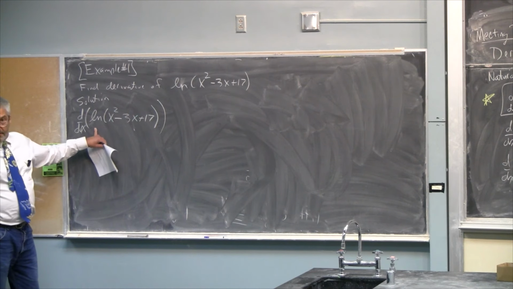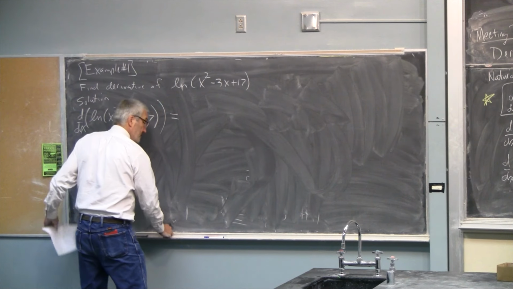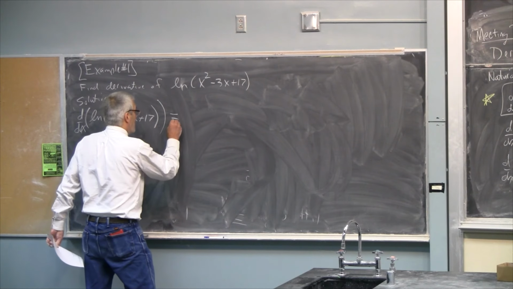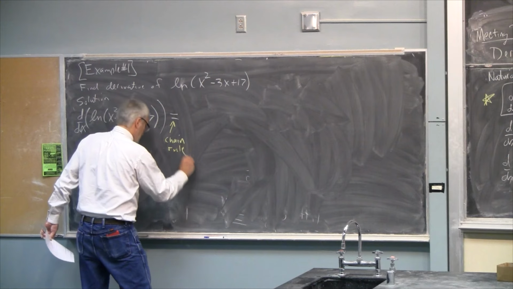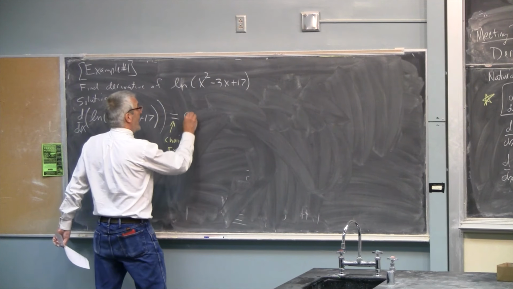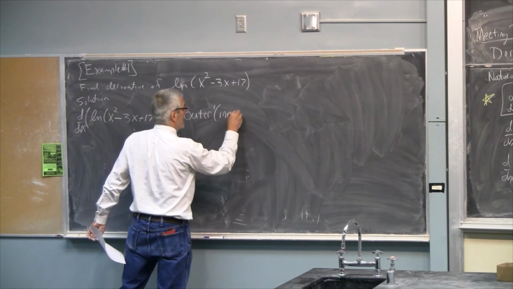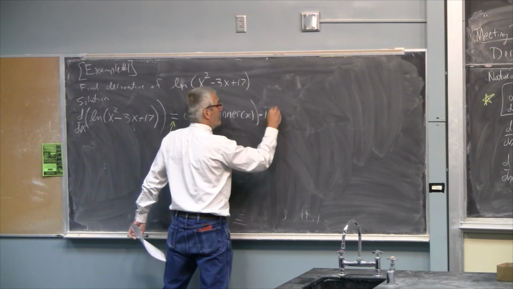Now, that's a nested function. So the chain rule says that what I need to do is go get outer prime parentheses inner times inner prime.